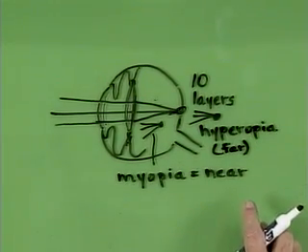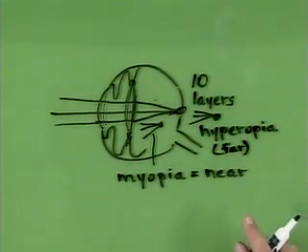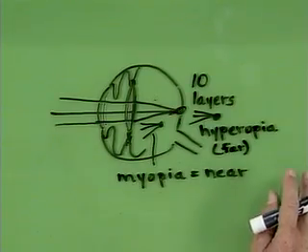Now, both of these give us blurry vision. Nearsightedness and farsightedness both give us blurry vision. But simple hyperopia and simple myopia are relatively easy visual deficits to correct if they're not too severe.